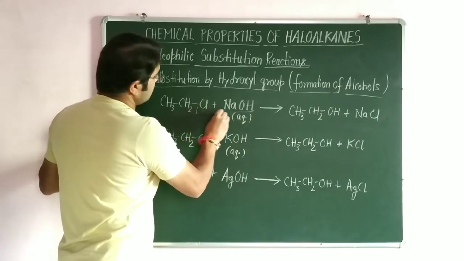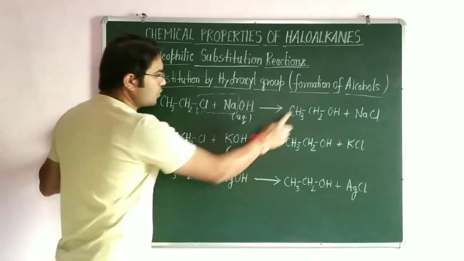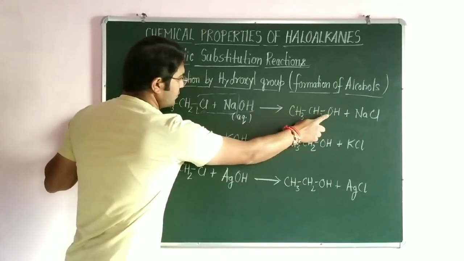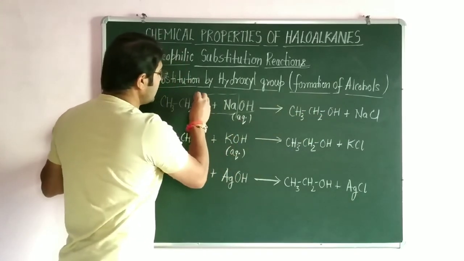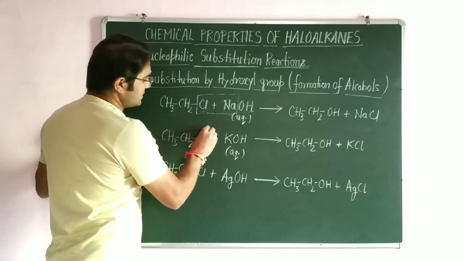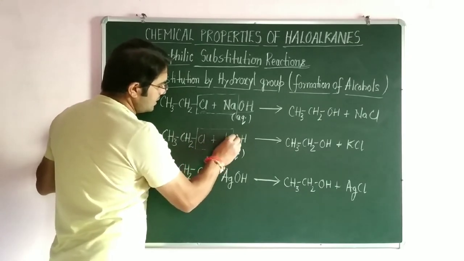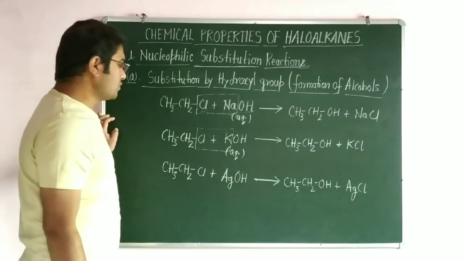So this is under the heading substitution by hydroxy group because OH is introduced in the product and Cl is out from the haloalkane part. That's why this is known as substitution, and substitution is taking place by nucleophile. That's why it is nucleophilic substitution.